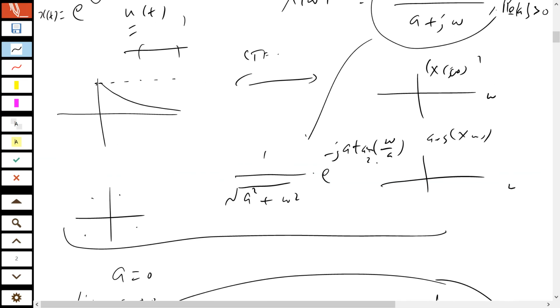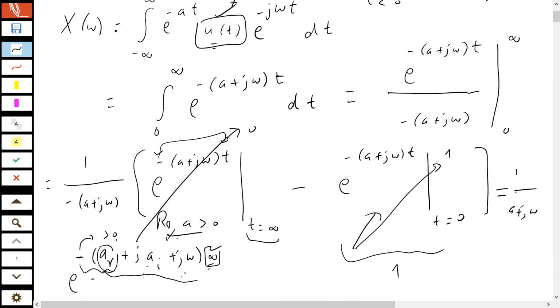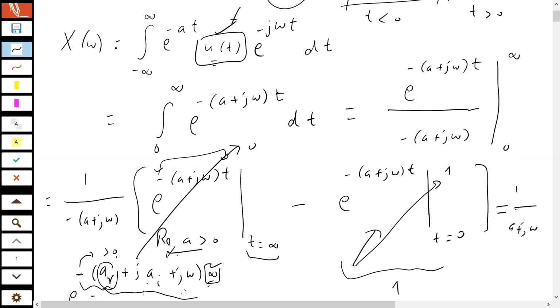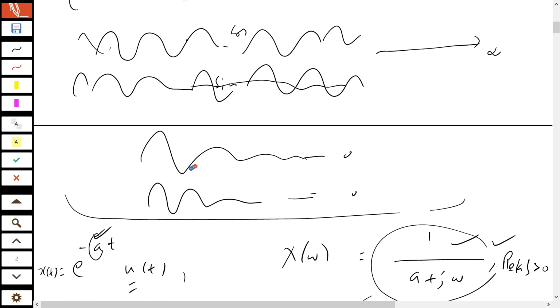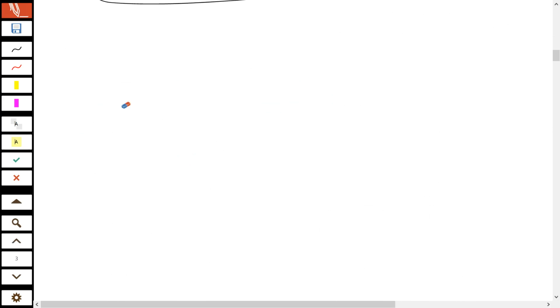If we go back to this integration and set a to 0, I told you when you set a to 0, then this will not work. So you cannot use integration, and then you will need the generalized Fourier transform. So the only way you can write the transform of u is to have the generalized transform. The traditional transform will not work. Okay, generalized CTFT. But how?